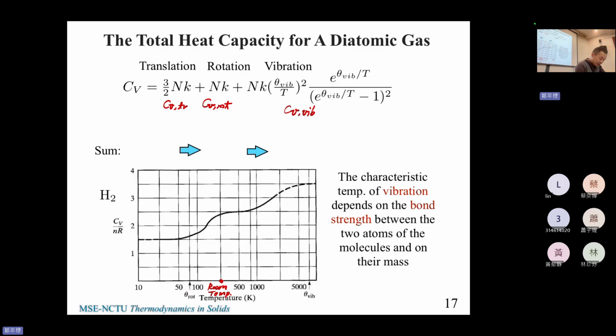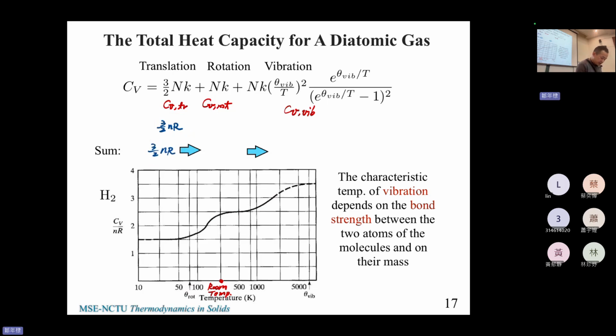Okay, and if the temperature is greater than its own characteristic temperature, it will start to activate. So translation, no problem, always activated: 3/2 NR.